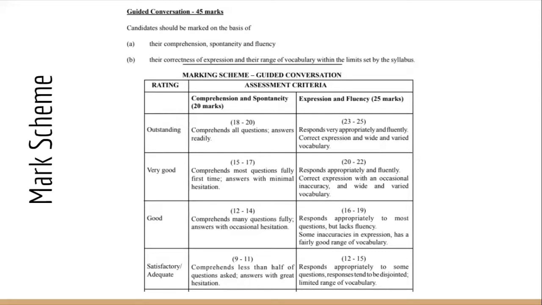Maybe not for every question, but for the majority. Your expression will be correct, so your grammar is going to be on point, but every now and then you might have a bit of an inaccuracy, right? But your vocabulary must still be wide and varied. So you will see from these top 2 tiers what is important to the examiners.